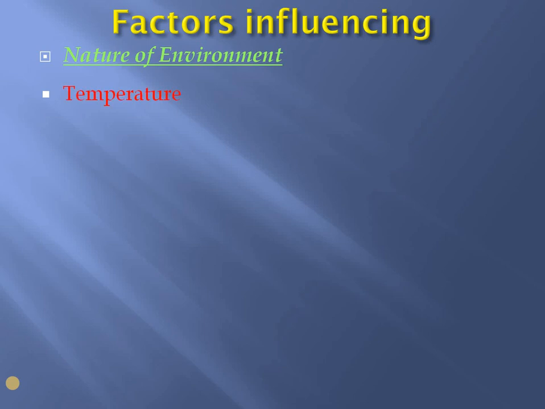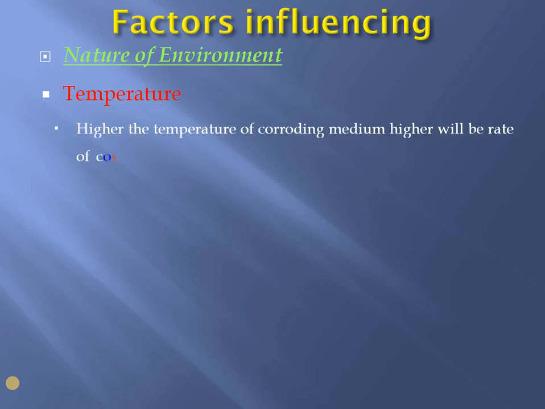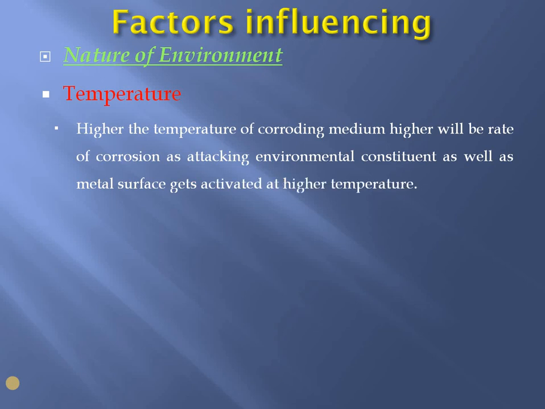It has been observed that the rise in temperature enhances the rate of corrosion. So here, higher the temperature of corroding medium, higher will be the rate of corrosion, as the metal surface gets activated due to high temperature.